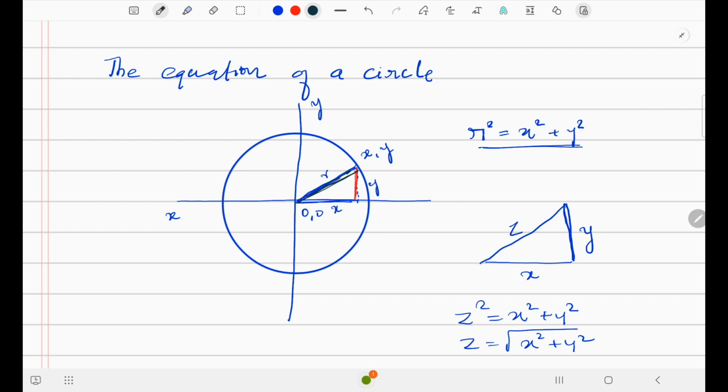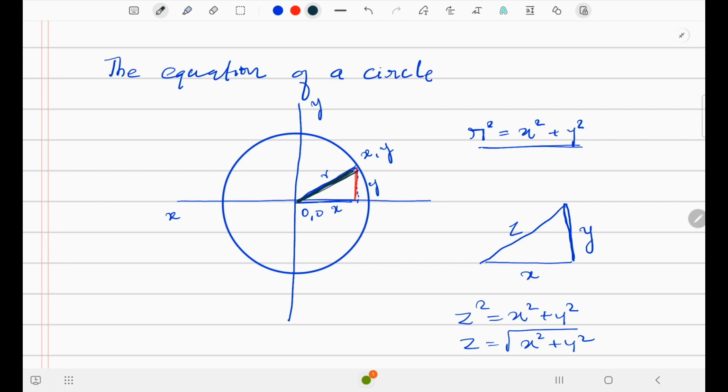From the Pythagoras theorem, hypotenuse square equals vertical side square plus horizontal side square. Hence, every single point on the circumference of the circle satisfies the Pythagoras theorem.